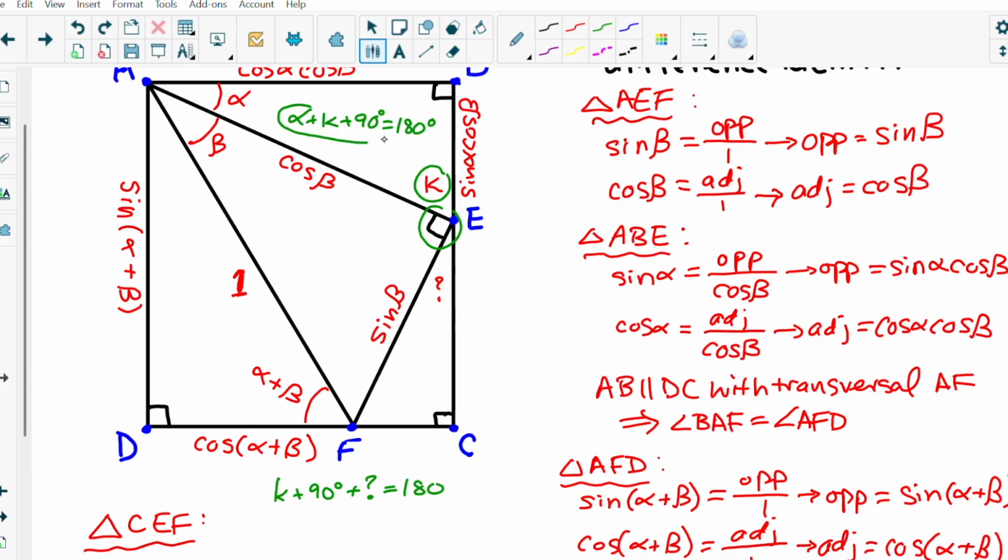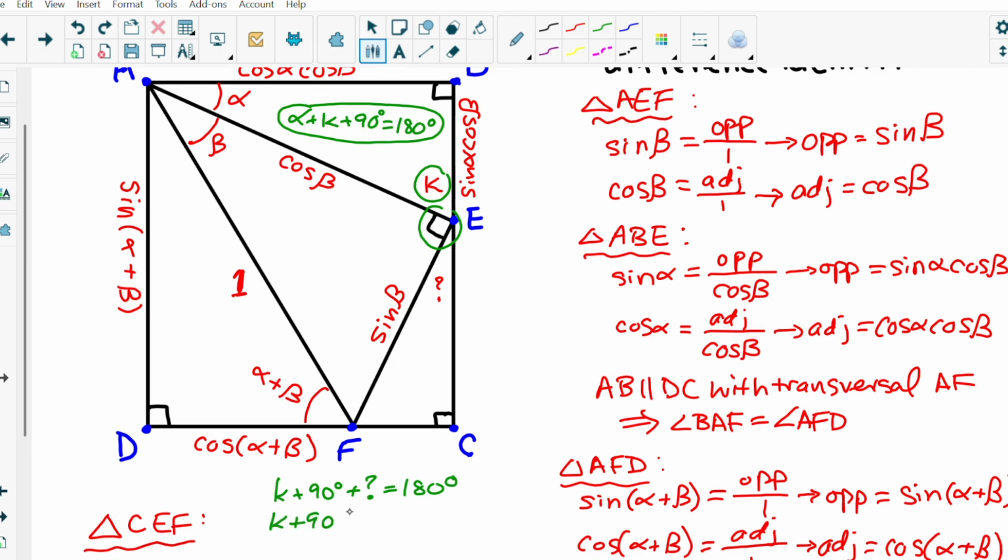Well, I just said this part is equal to 180. So alpha, I'm going to put it this way. I said alpha plus K plus 90 degrees equals 180 degrees. Let me rewrite it in order matching, right?